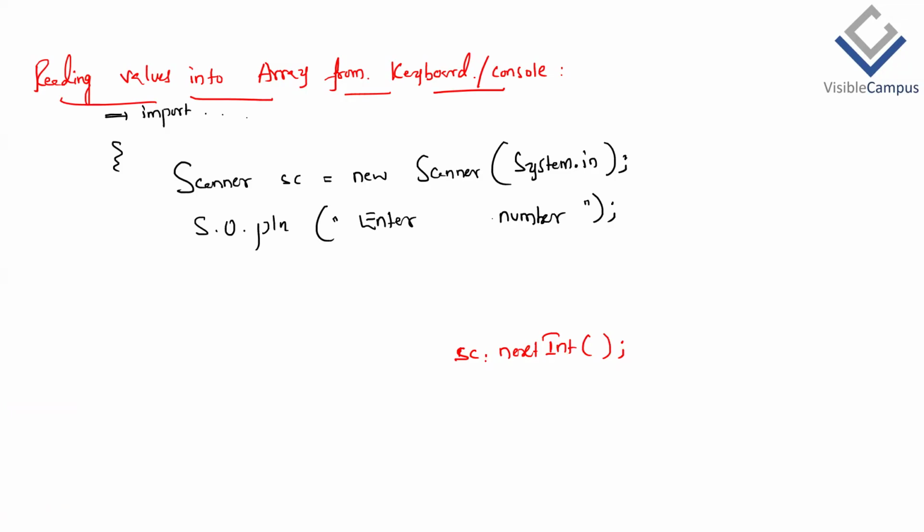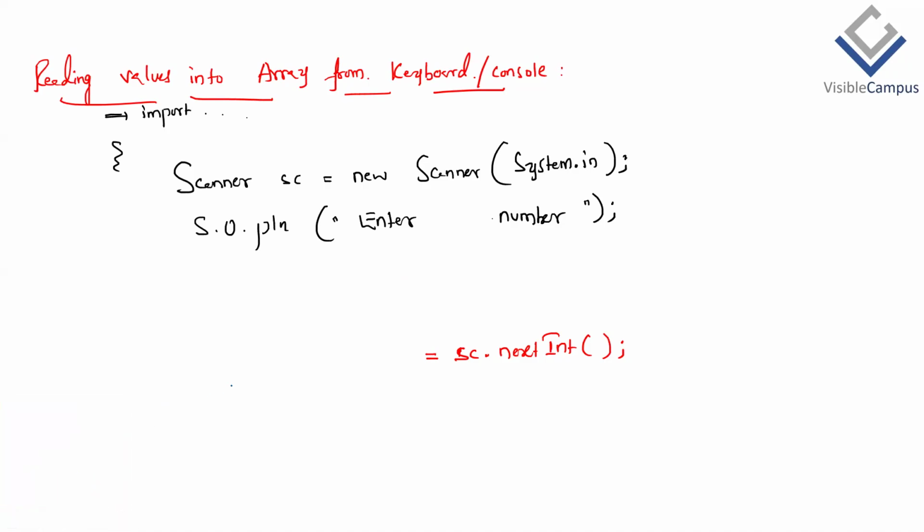Then just a semicolon. Then how do we catch it? We catch it into some variable of integer type.